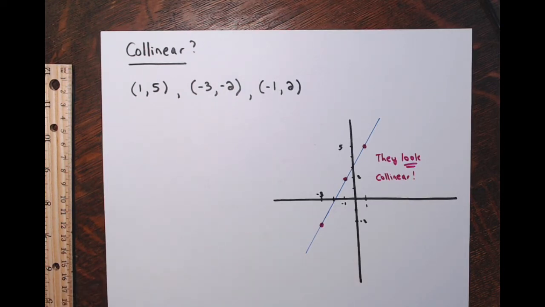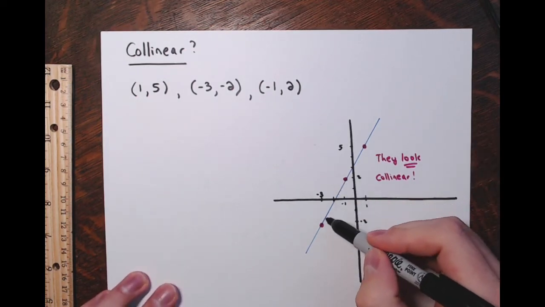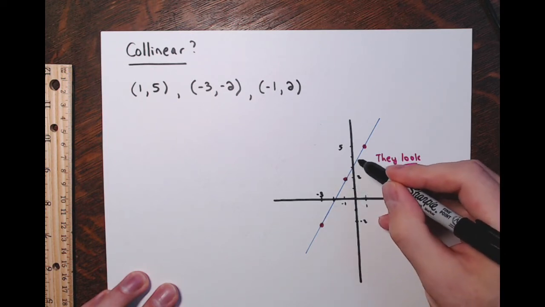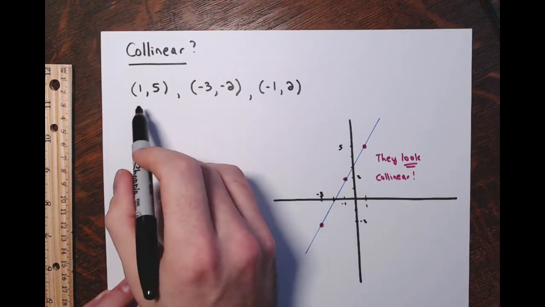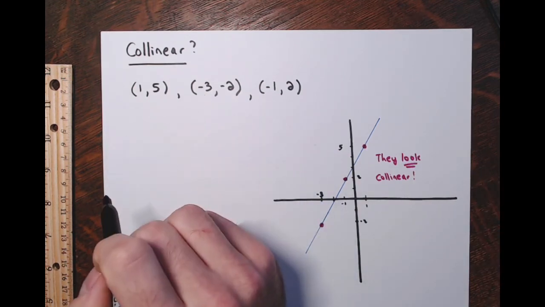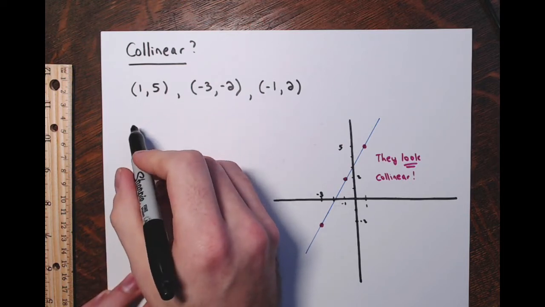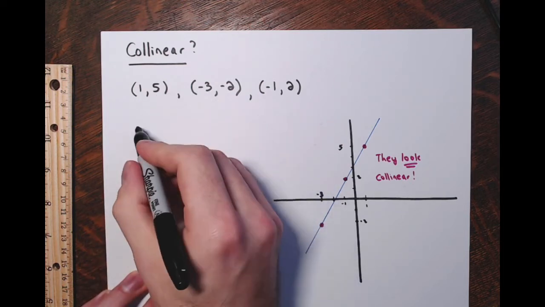Now, if they were truly collinear, then the slope of the line going through these 2 points should be equal to the slope of the line going through these 2 points, right? So remember how to calculate slope. Slope is the change in y over the change in x, right?